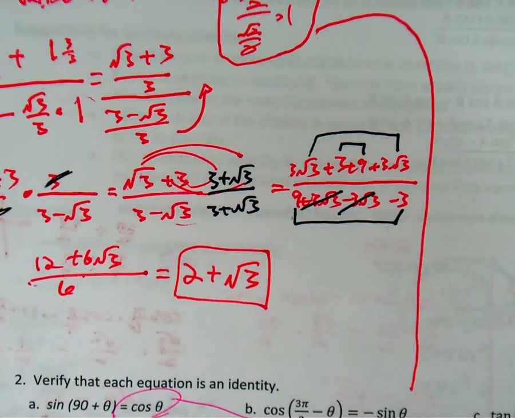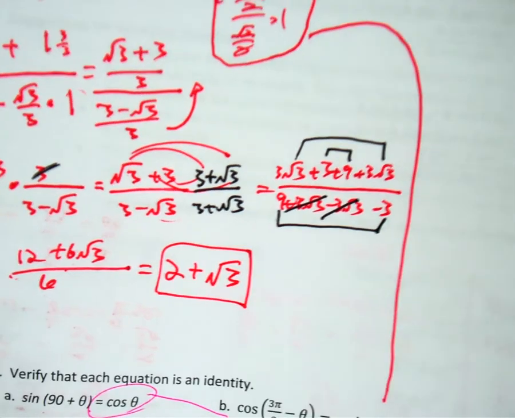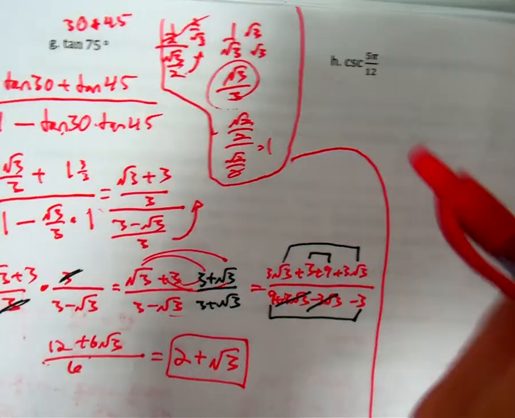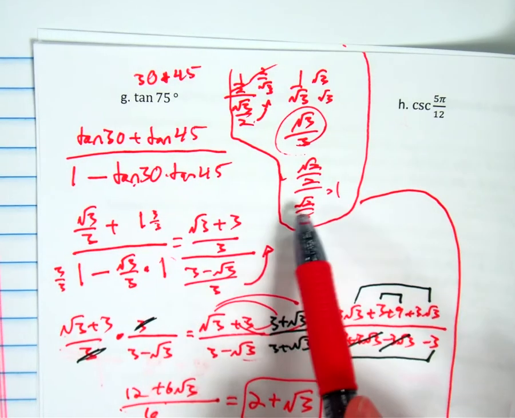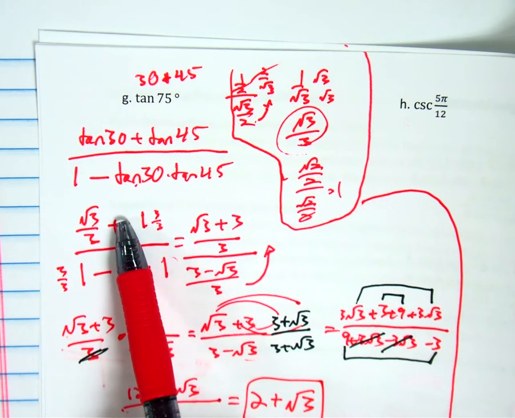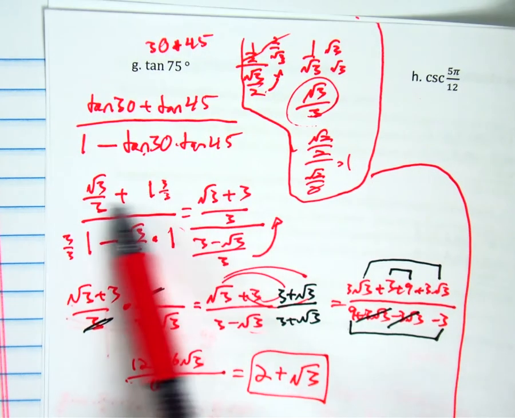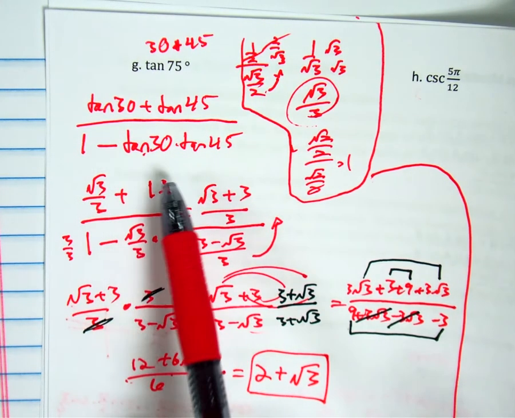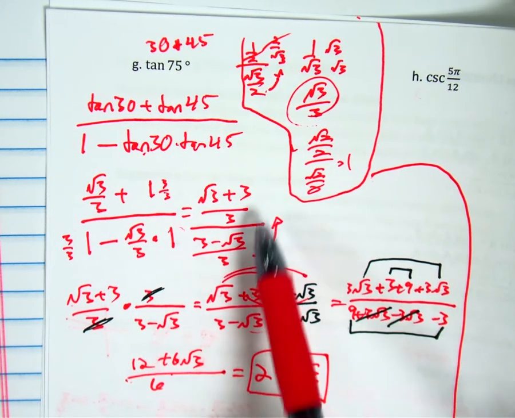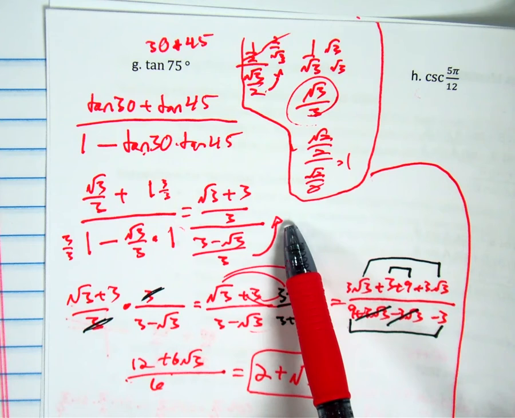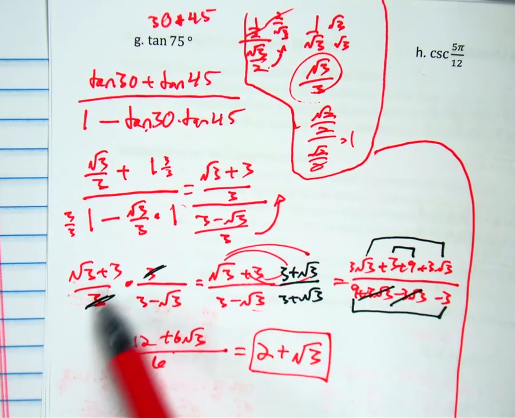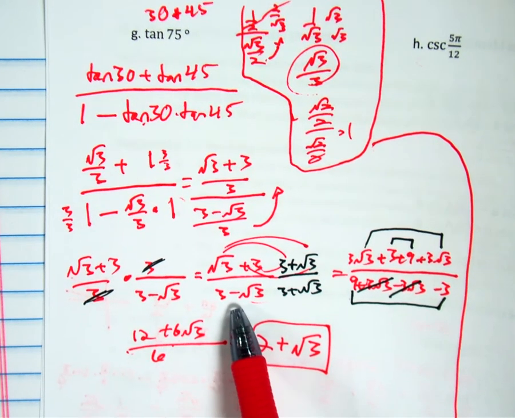Whew! There was a lot there. Okay, first off, we had to figure out what tangent was going to be. Then we had to put them in. Then we got common denominators on the top and on the bottom. Fraction over a fraction, flipped it, multiplied by the reciprocal. That canceled, but we still had a radical on the bottom.